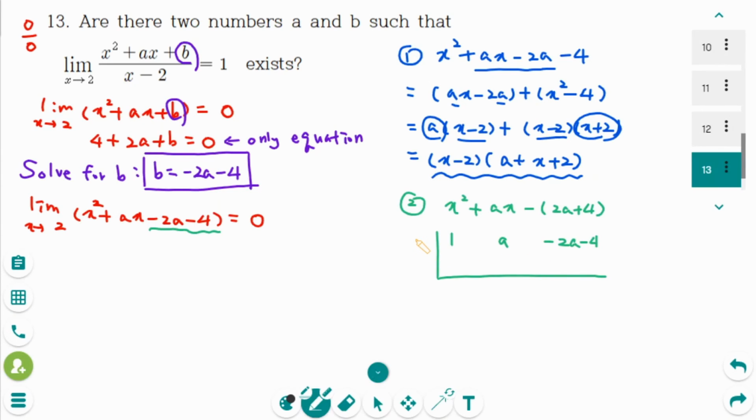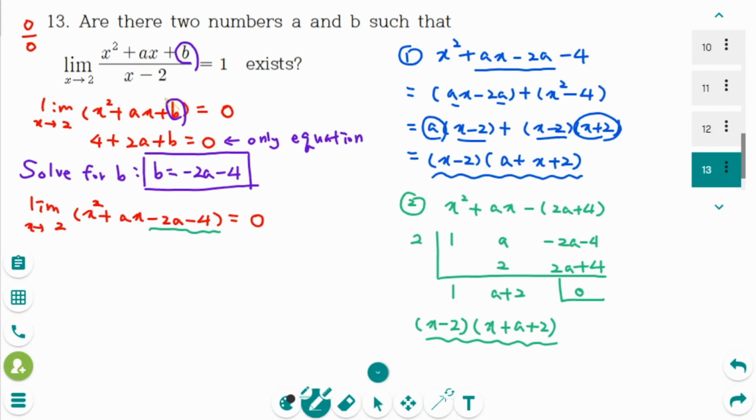And then the divisor is 2, because the original limit must have the common factor of x minus 2. So 1 down and times, add, times, add. So 2 means x minus 2, and that one is x plus, this is 1 term, a plus 2. So this is the factored form.